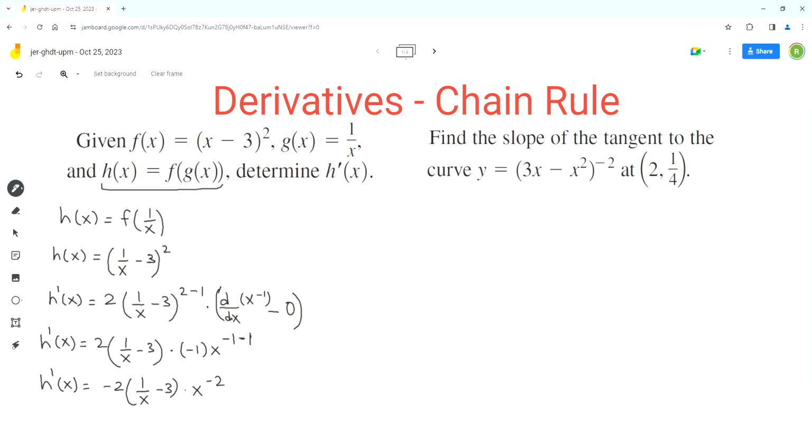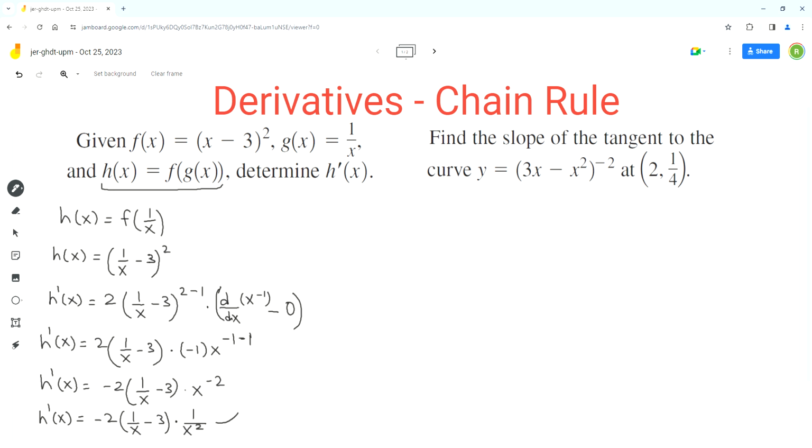Now we can move this x term to the denominator to make the exponent positive. So we get h'(x) equals -2 times (1/x - 3) times 1/x^2.